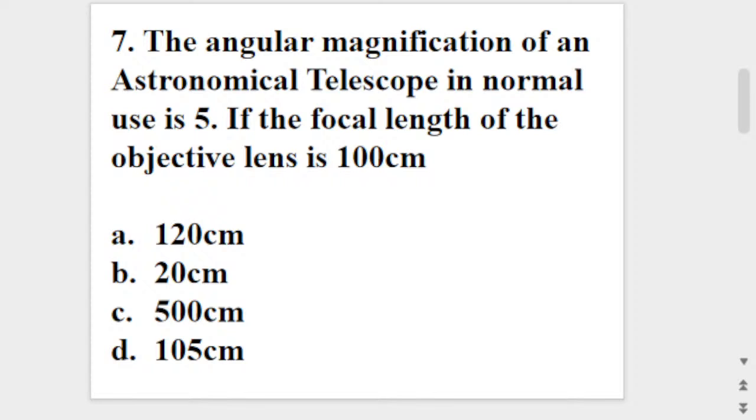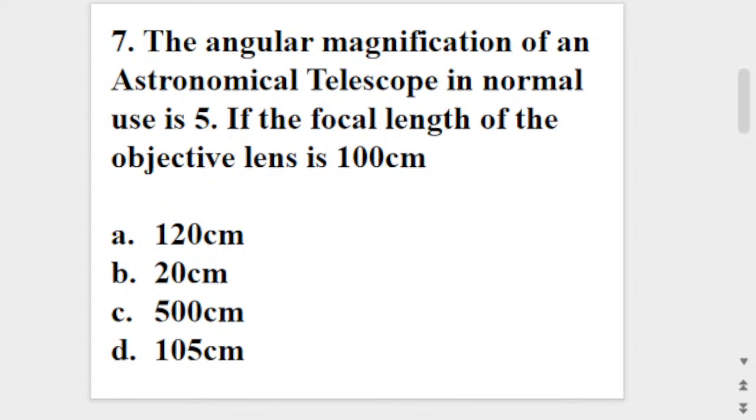And like I said earlier, if you want to calculate the length of a telescope, you add FO, the focal length of the objective lens, with FE, the focal length of the eyepiece lens. So FO is 100 centimeters, and we just calculated FE to be 20 centimeters. So the length of the telescope is 100 centimeters plus 20 centimeters, and that gives us 120 centimeters.